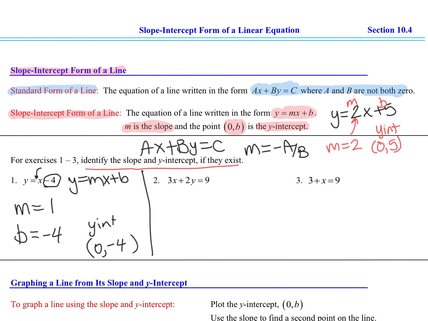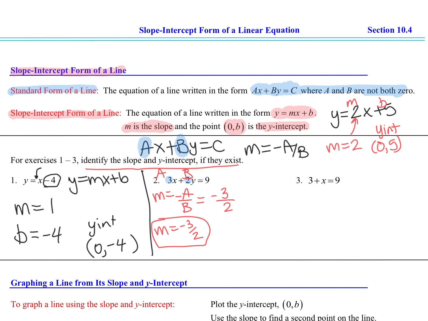You can take the coefficients in front of x and y and just put a negative in front. So 3 and 2 are a and b, and the slope is negative a over b. So a is 3, but there's a negative there, and b is 2. So my slope is negative 3 over 2.